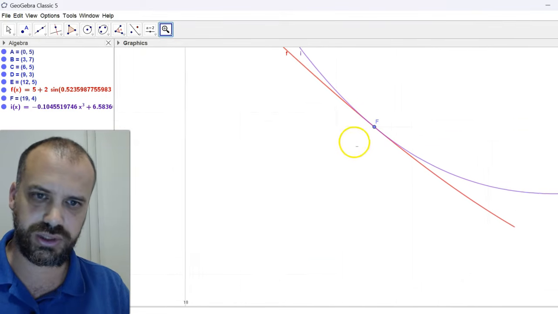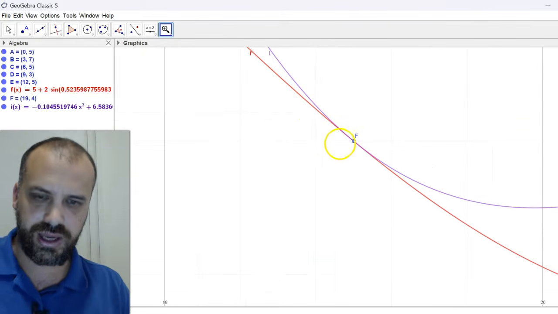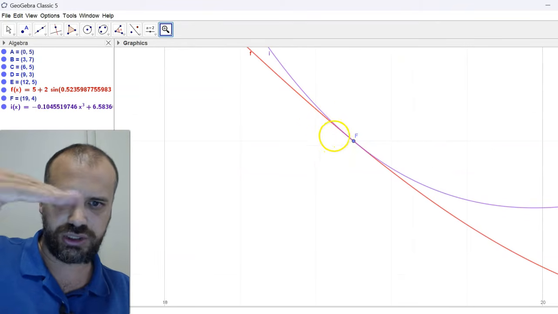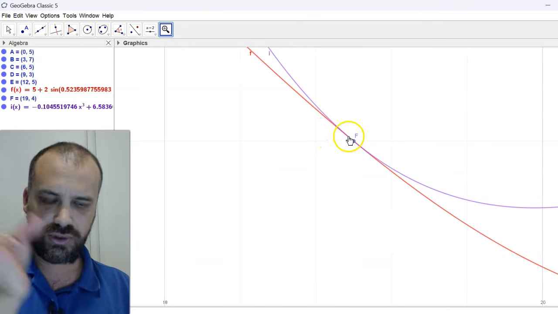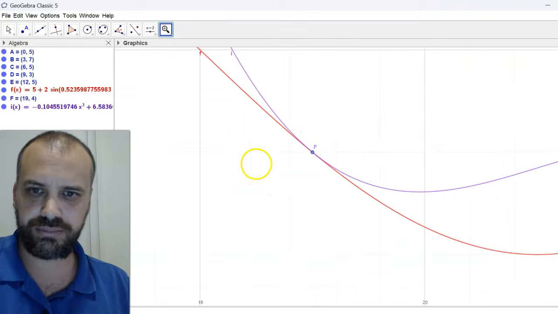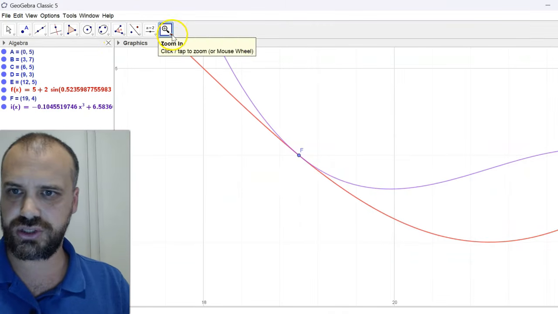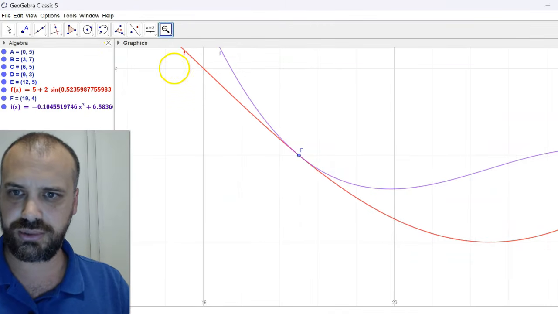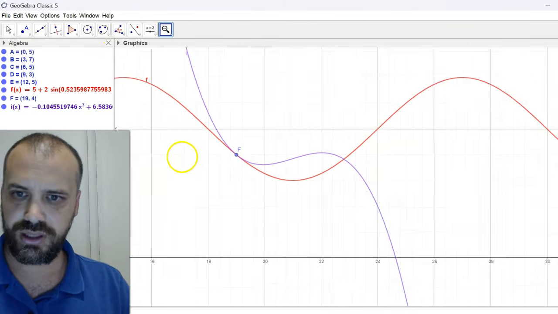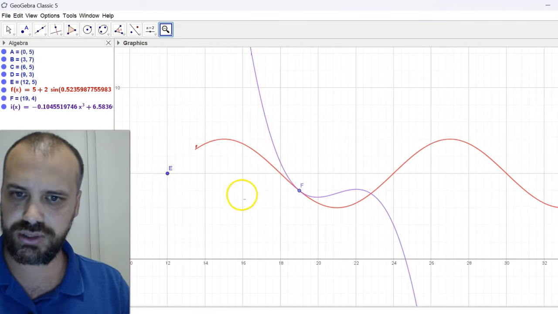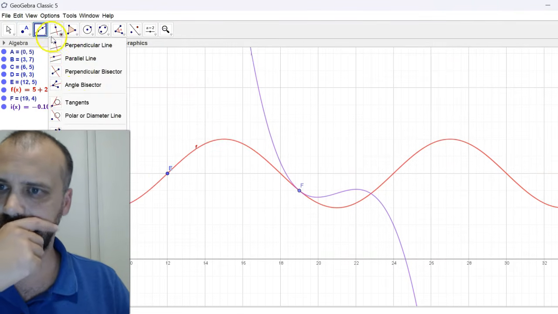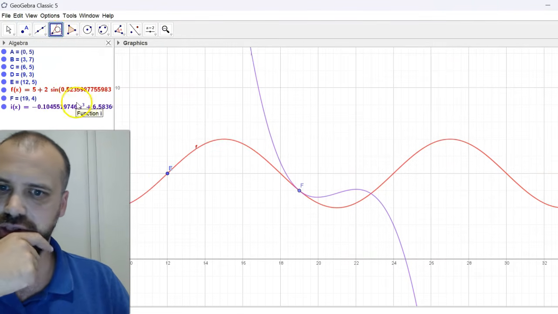You can see, just by eyeballing it, that graph is coming in and just touching at that point. Those gradients are matching up. Now, of course, we don't have to just eyeball it. We can zoom out on that. GeoGebra is quite nice because it'll give us some tangents. So let's click tangent.